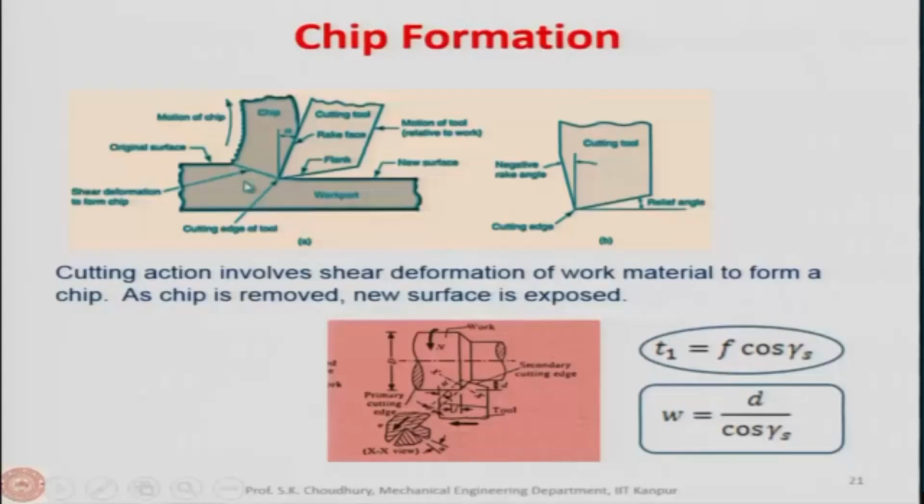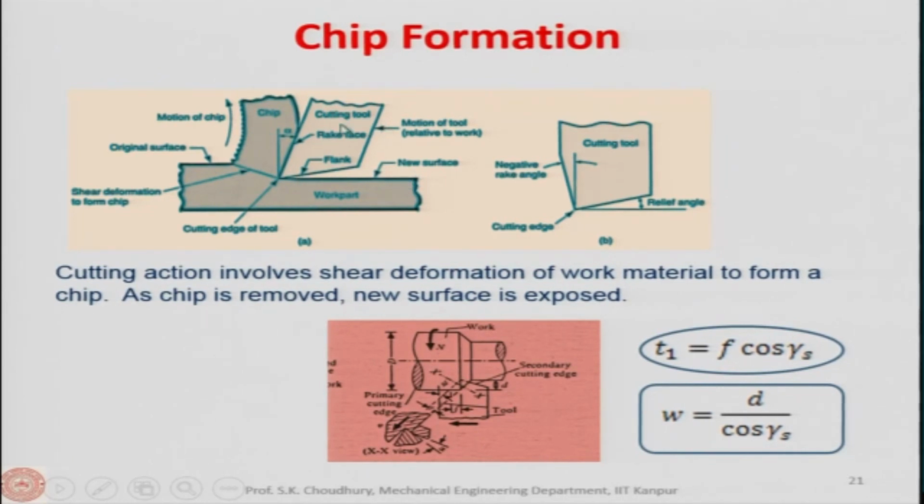Now, here if you see, suppose we take it in this section, this is the workpiece, this is how the chip is moving along the rake face of the tool, this is the cutting tool, here this is the rake face, this is the flank face, all right. Now, this is the newly formed surface, newly generated surface.